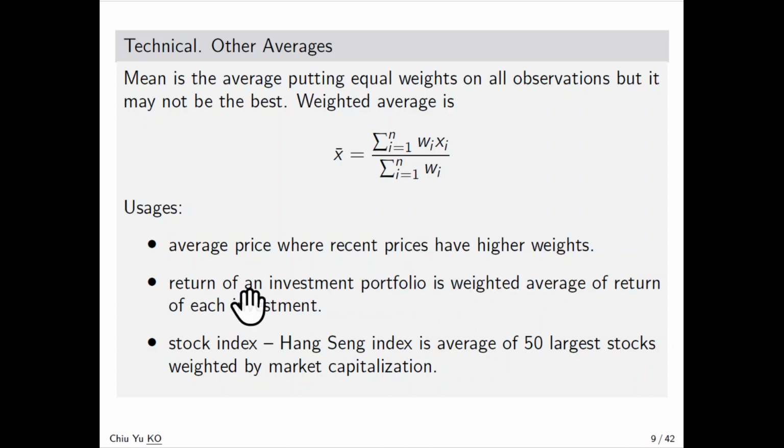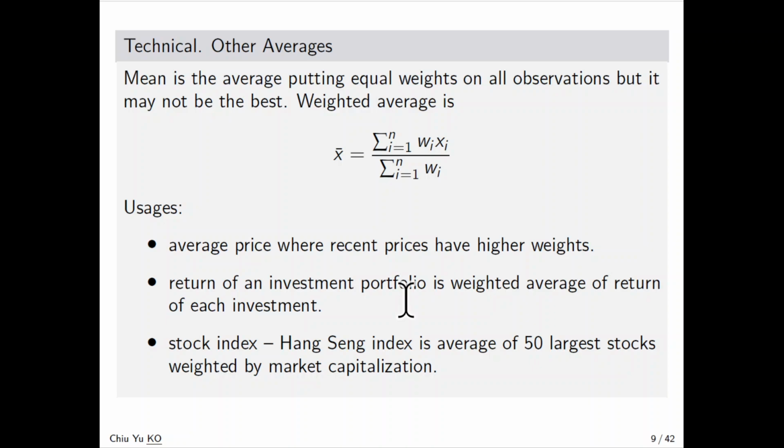And if you talk about the return of an investment portfolio, okay, if your portfolio consists of several stocks and you put the same money divided equally into different stocks, then the return of your portfolio will be just a simple arithmetic average of the return of each stock.